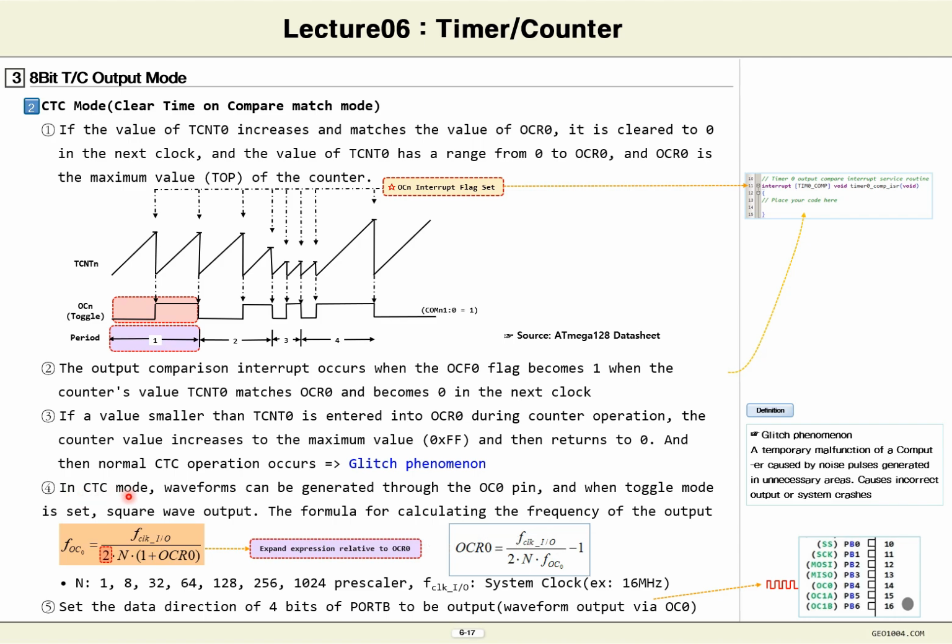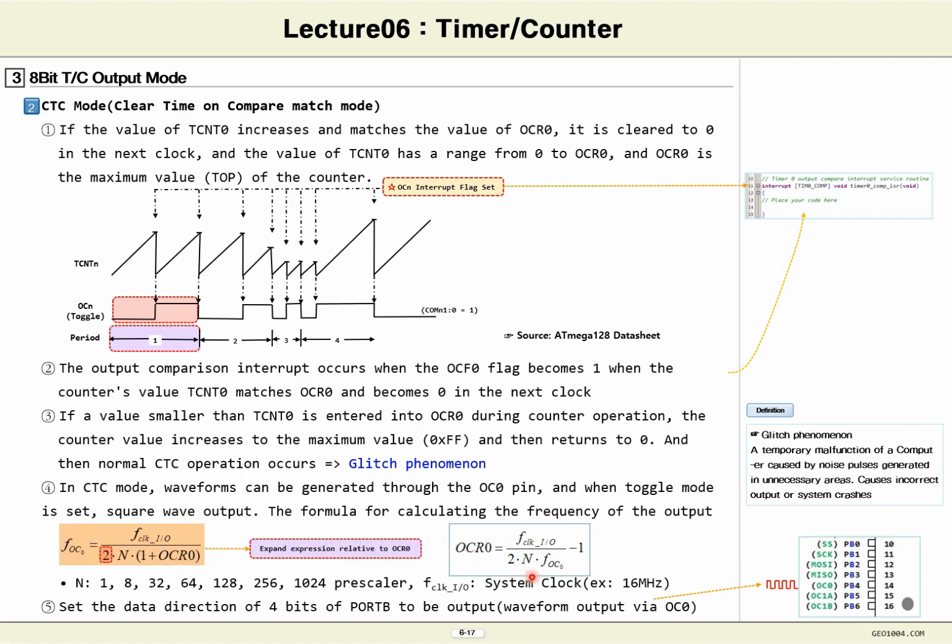In CTC mode, waveforms can be generated through the OC0 pin, and when the toggle mode is set like this, as you can see, a square wave is output. The formula for calculating the frequency for output is as follows. We usually need to know the OCR value to generate a specific frequency.